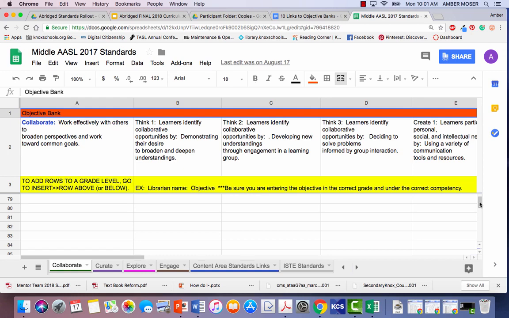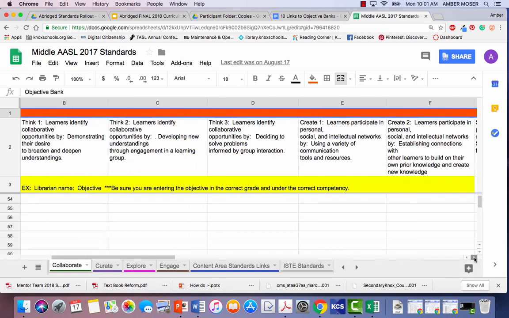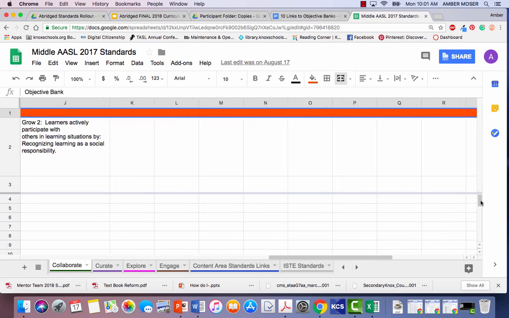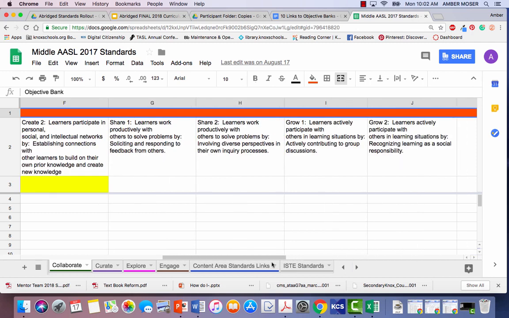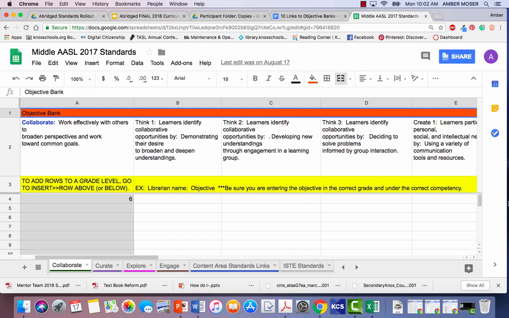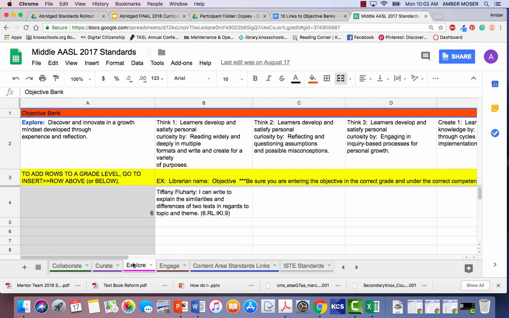Well, let's see if any objectives have already been added here. I don't see any for collaborate. That's okay. That just means that no one's gotten around to that one yet. Let's see if there, oh, look here.